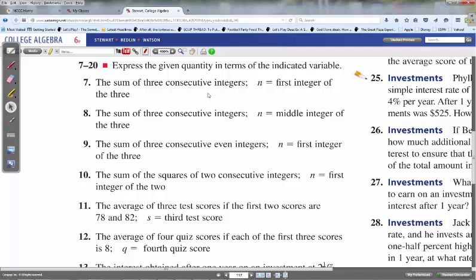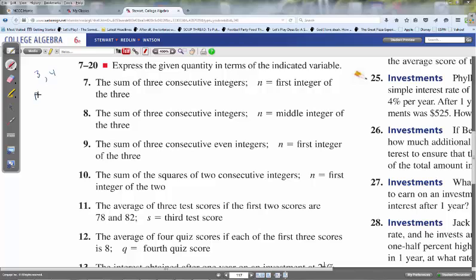The sum of three consecutive integers, n equals the first integer of the three. Well, consecutive means one right after the other, like 3, 4, and 5, or 1001, 1002, 1003. If you think about two consecutive numbers, like 3 and 4, the only thing that separates them is an addition of 1.